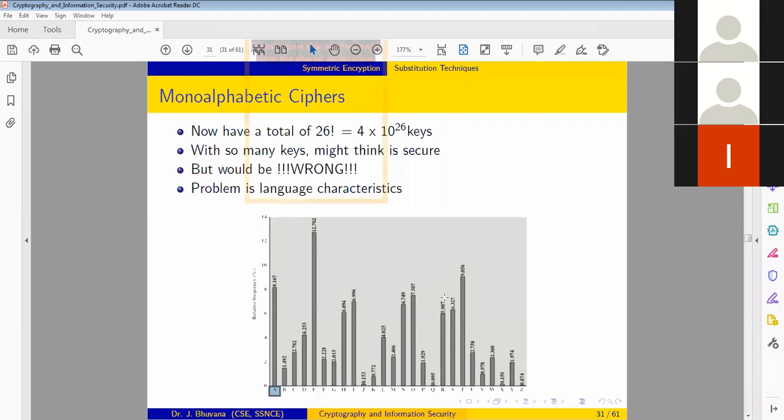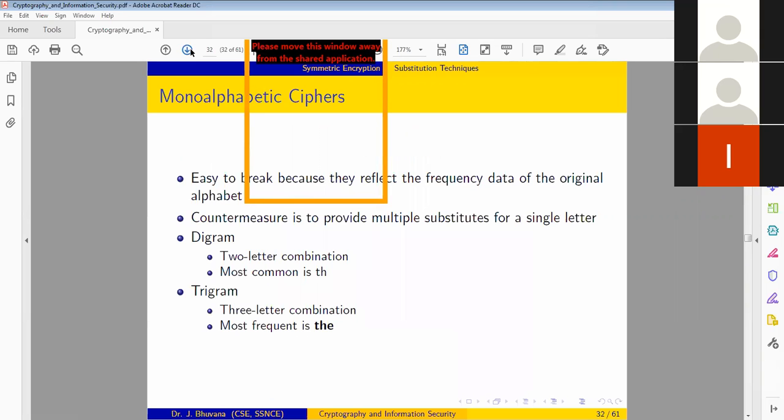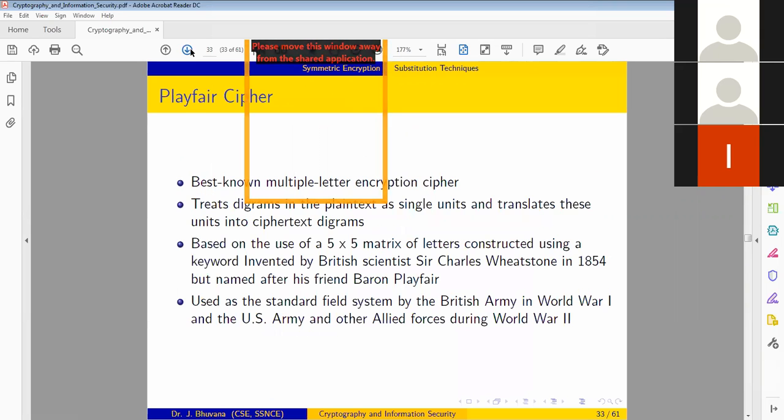T dash P will be tap or tip, or T dash E will be the. With that kind of knowledge, we can easily fill in the rest of the characters in the text, and the cryptanalyst can easily break the monoalphabetic substitution cipher. So again, that is also not a viable solution to secure ours.